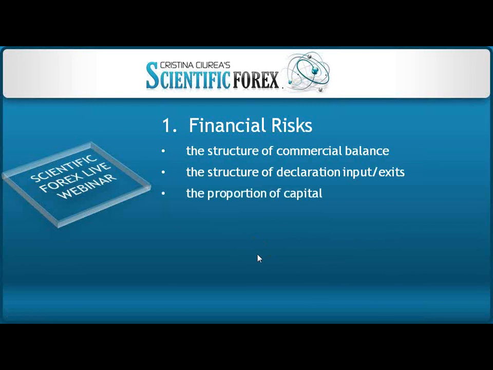The next type of risk that can make a difference for the value of a currency is the proportion of capital. Actually, most countries use a type of rollover of credit.